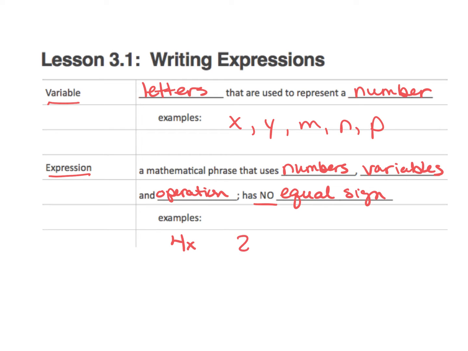We have 2y plus 11. We could have 2p divided by 4x. Those are all expressions, no equal sign. They have numbers, they have variables, they have operations. Pause the video to finish this, otherwise we're going to keep going.